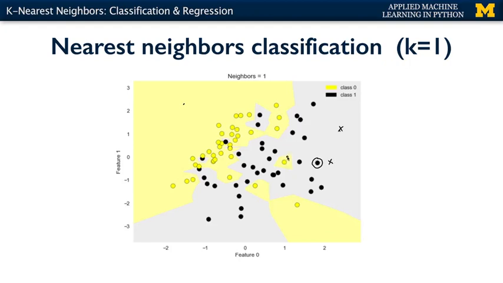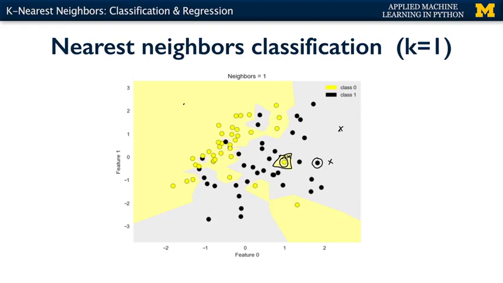Likewise, if we have a point over here, the nearest point in the training set is actually this point right here that has a class 0 label, and so that point would get assigned a class 0. In fact, this whole region right here represents all the points that are closer to the class 0 training point than any of the other class 1 training points. So this whole region here represents a one nearest neighbors prediction of class 0.